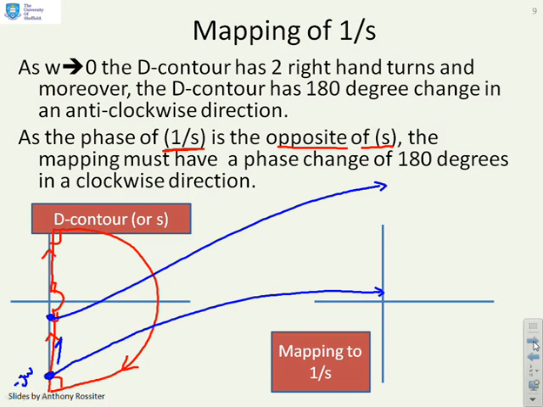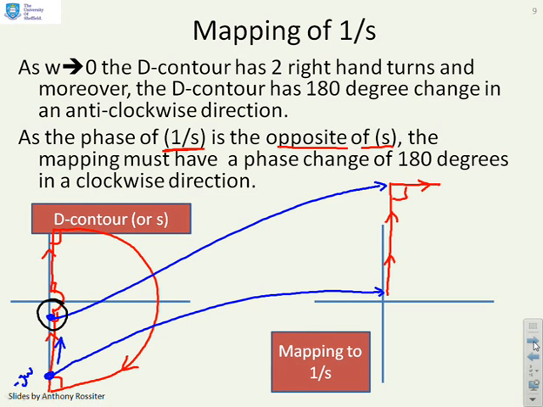So you'll see this direction here is going to map to something like this. Okay, so the negative imaginary axis maps to the positive imaginary axis when the mapping is 1 over s. Now, what you'll see next is we've got a right-hand right-angle turn. So that's what we get at the top here. We get a right-hand right-angle turn.